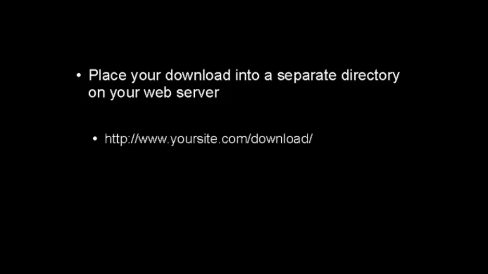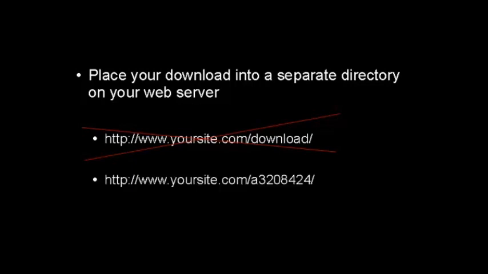Now, you want to be imaginative when you decide what you're going to call this directory. You want to have it so it's not something that people are going to have an easy time finding. So, for example, you wouldn't want to call it download. What I like to do with my download directories is to give it a random combination of letters and numbers that's going to be very hard for people to guess.